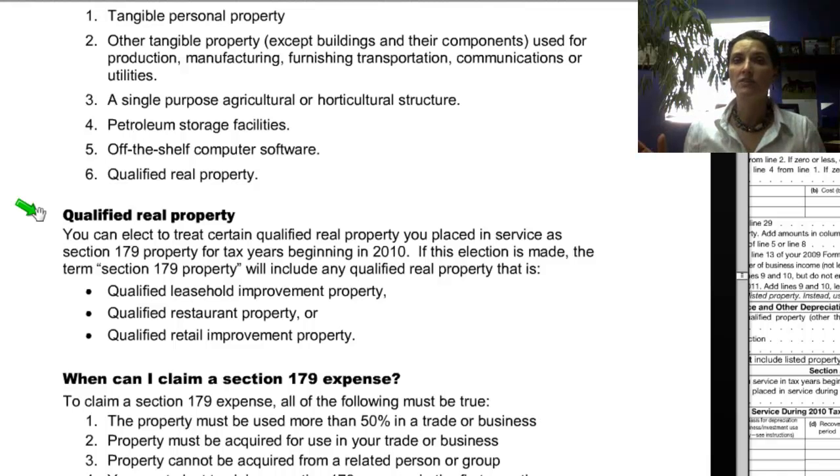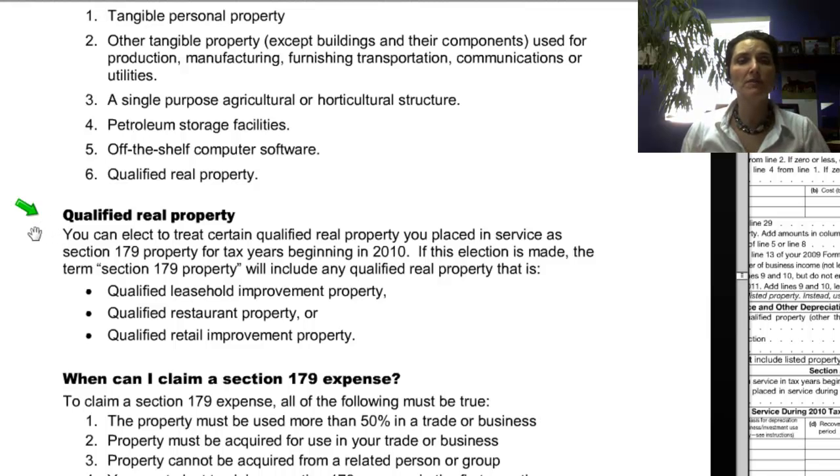So compare that $100,000 of improvements that a tenant might put into their place of business, and compare 100,000 divided by 39 and the amount of depreciation you get each year over 39 years to being able to expense the entire thing all in 1 year. Boom, gone. Huge difference. So this temporary provision is big for businesses that can take advantage of it.